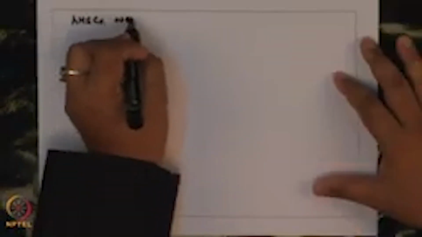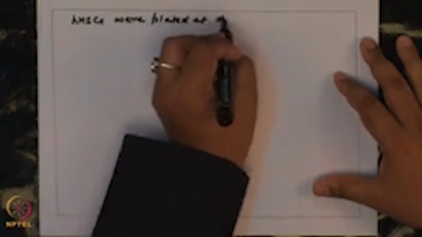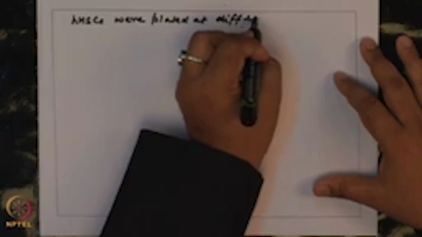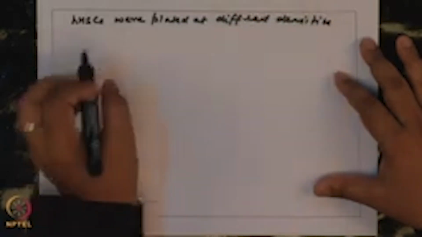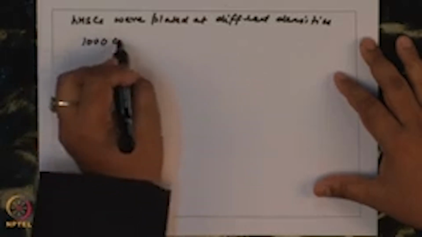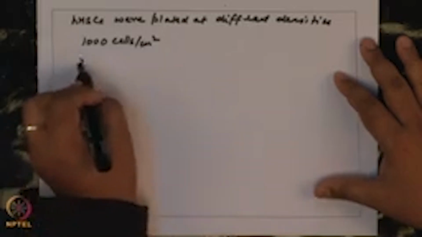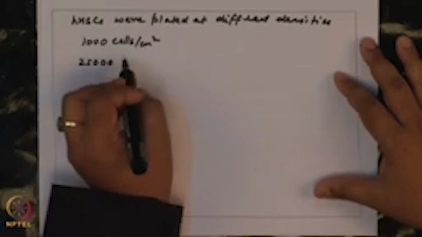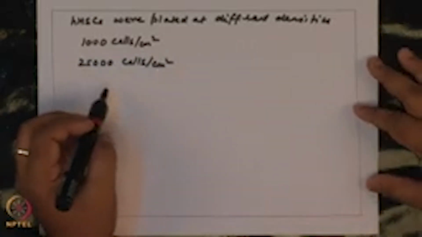So, what the authors started off with was experiments in which HMSCs were cultured and plated at different densities, either at 1000 cells per centimeter square or 25 times higher, 25,000 cells per centimeter square.